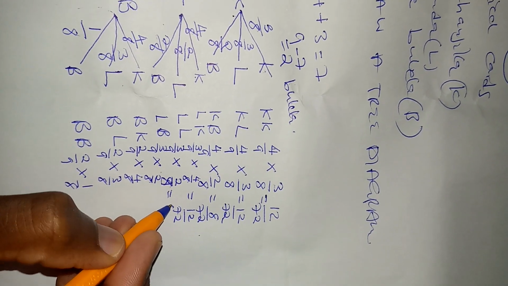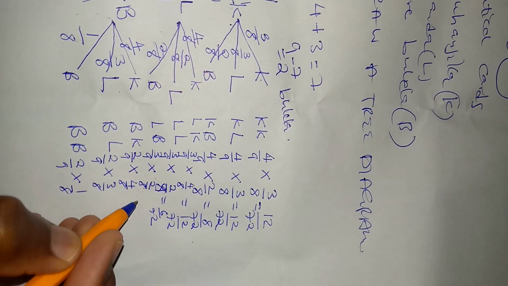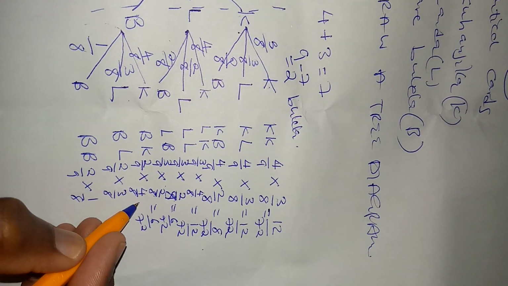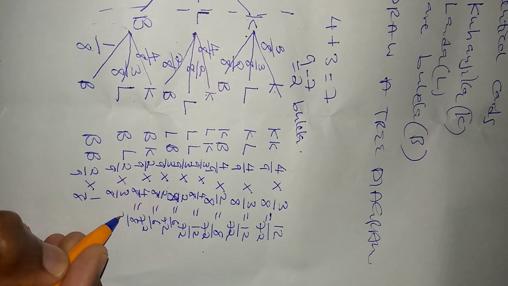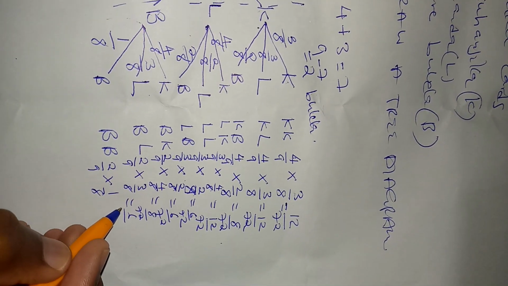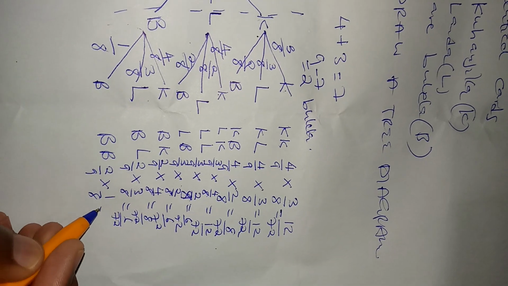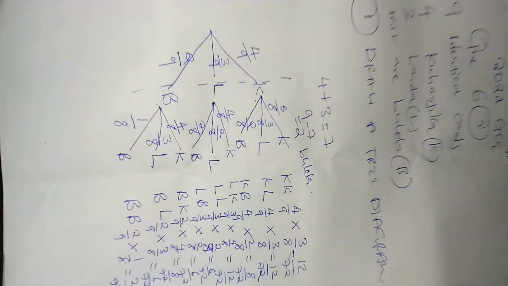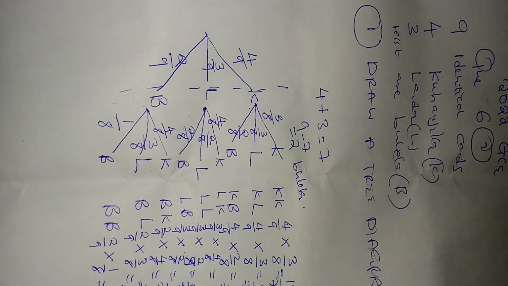We have 6 there, 72. We have 6 there, 72. We have 8 there and 72. Then we have 6 there and 72. Then we have 2 there and 72. This is how you draw a tree diagram.